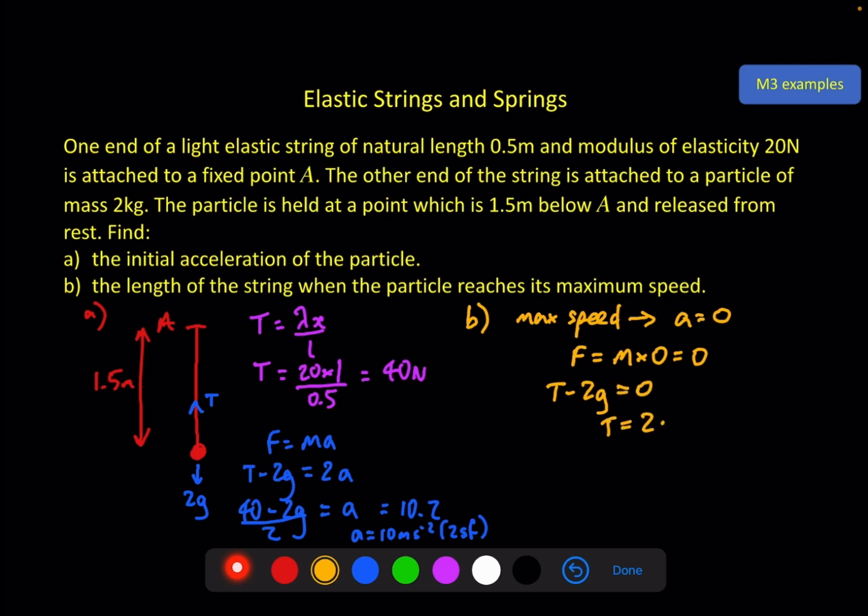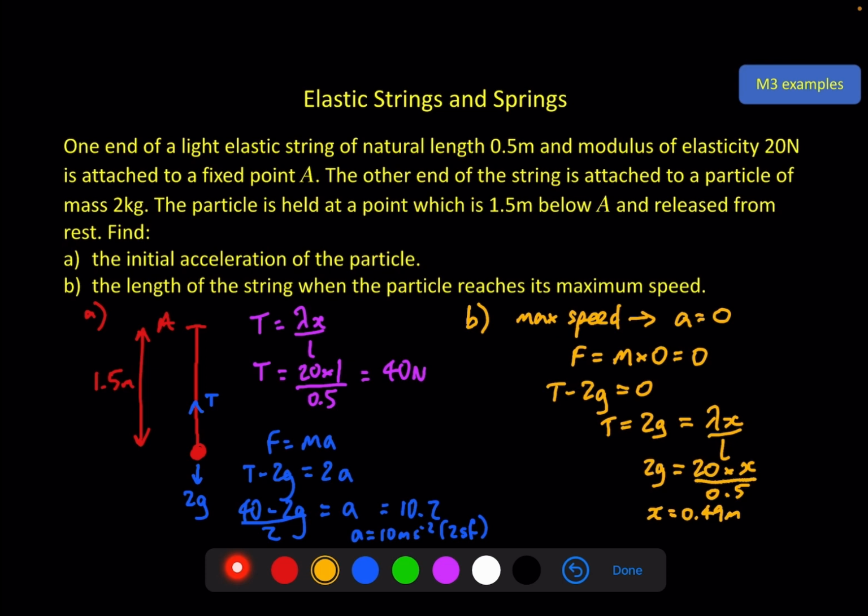T must equal 2g, and we know T is lambda x over L. And we know lambda and L haven't changed, because lambda and L are specific to the string. x is what has changed, and that's what we need to find. So we've got 2g is equal to 20 for lambda, times x divided by 0.5. And that gives an answer of x is equal to 0.49 meters, or 49 centimeters.